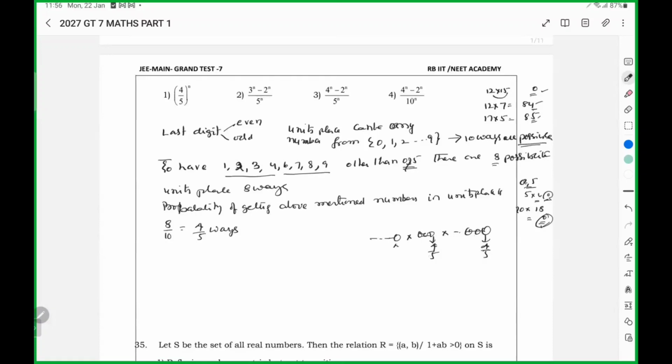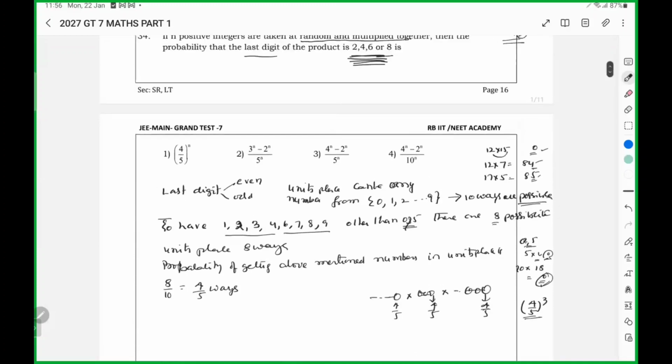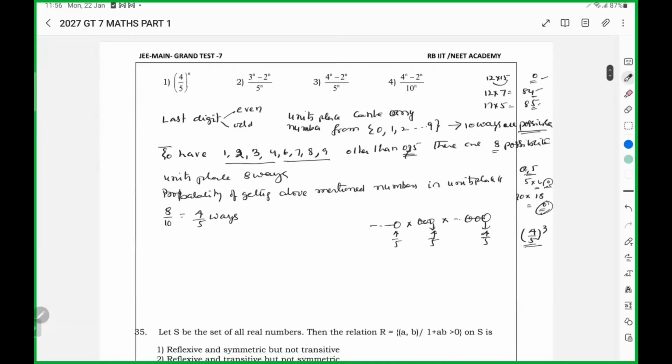So to get such a number, if there are 3 digits, 4 by 5 whole cubed, but he said n positive integers. So the number of ways of getting the above mentioned numbers in the units place is 4 by 5 whole power n.